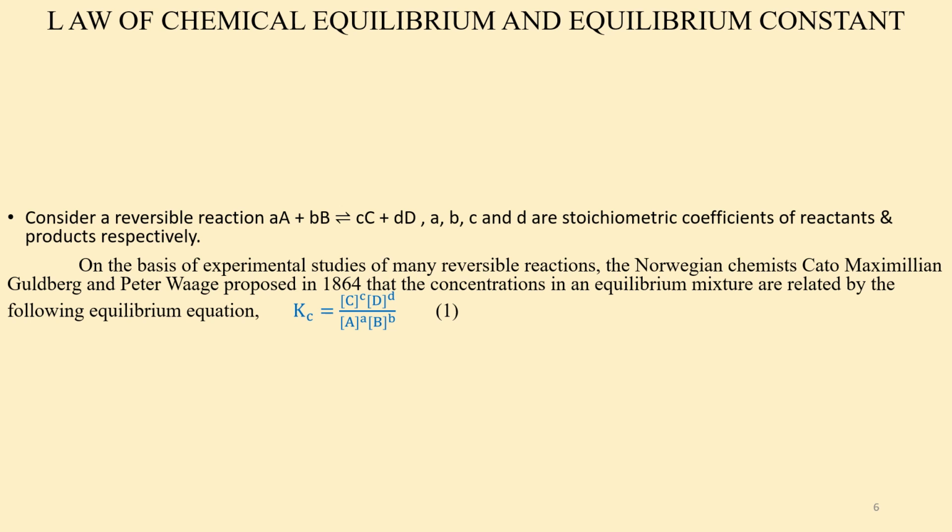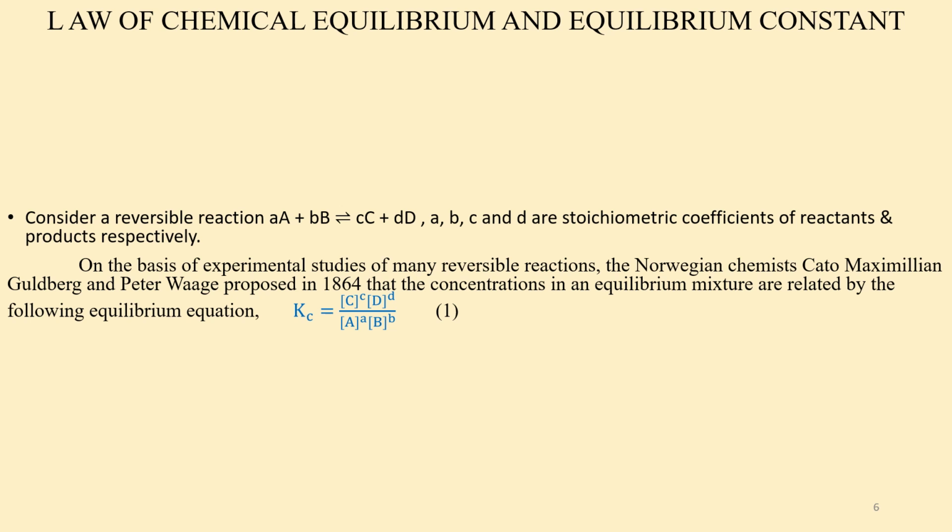Chemists Cato Maximilian Guldberg and Peter Waage proposed in the year 1864, based on their experimental studies, that the concentrations in an equilibrium mixture are related by the equation Kc is equal to the concentration of C to the power of small c into concentration of D to the power of small d, divided by concentration of A to the power of small a and concentration of B to the power of small b.